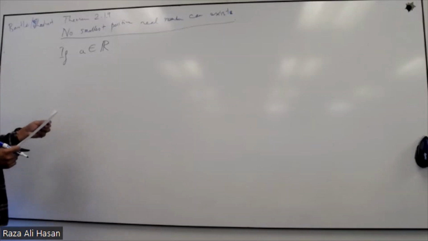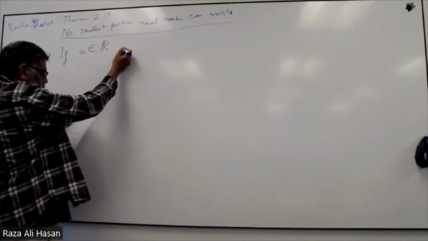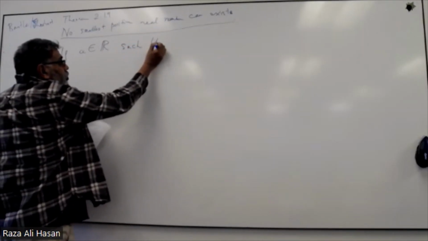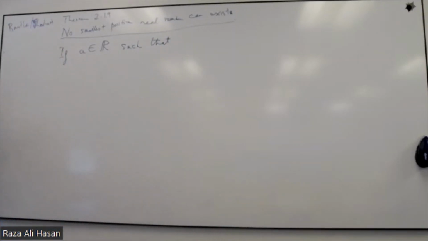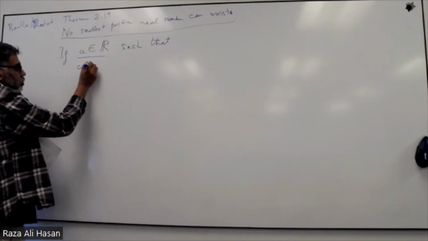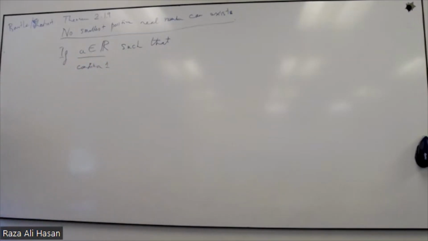So the theorem says if A is a real number such that, so here our hypothesis is about to show up. So this is condition 1. And I'm going to write the second condition.